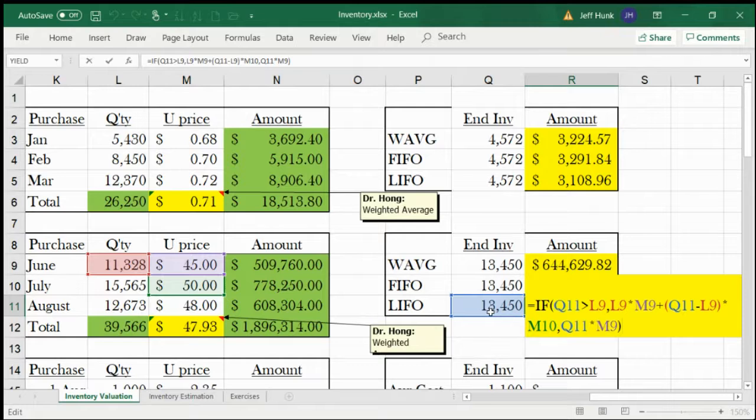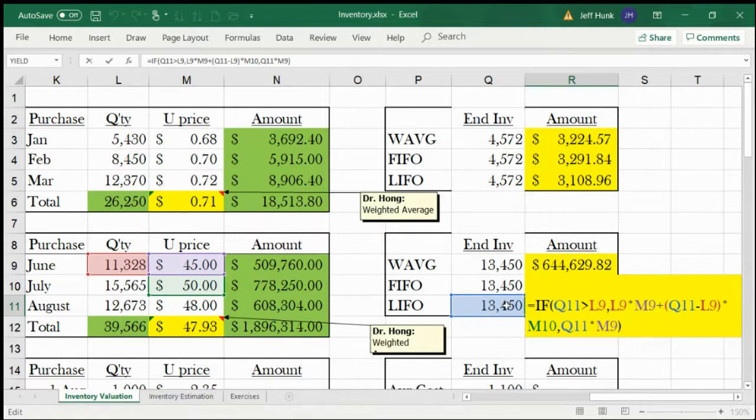This much out of this 13,450 came from June, but the difference, in other words, this minus this, must have come from July. So if Q11 is greater than this, then we use this logic.